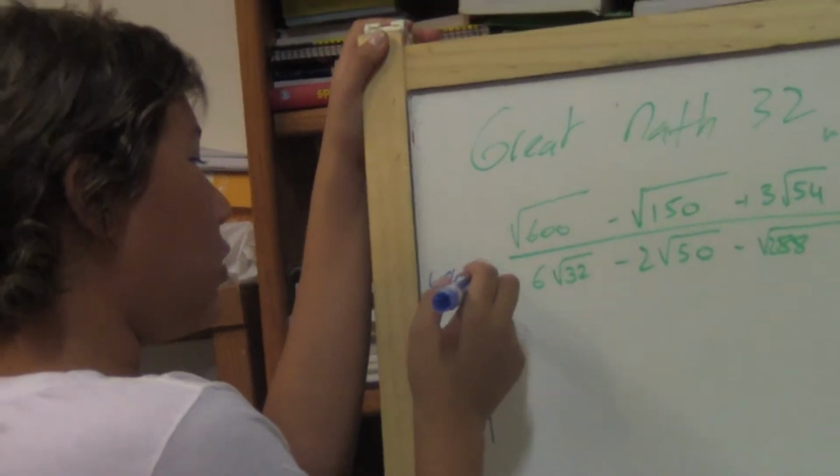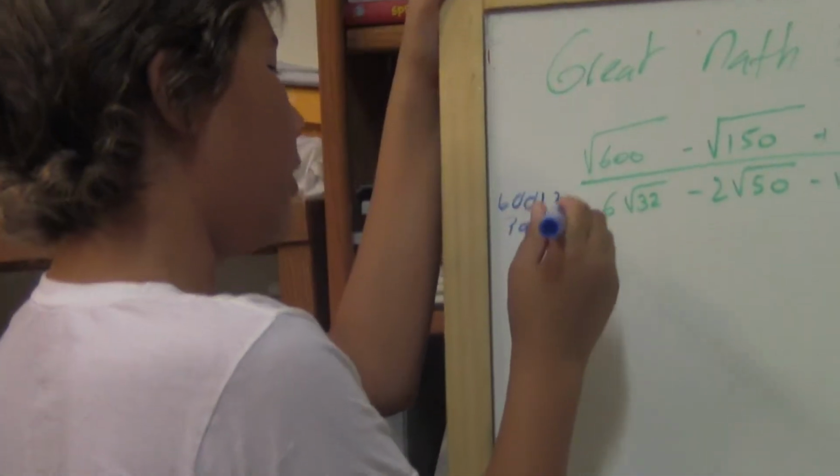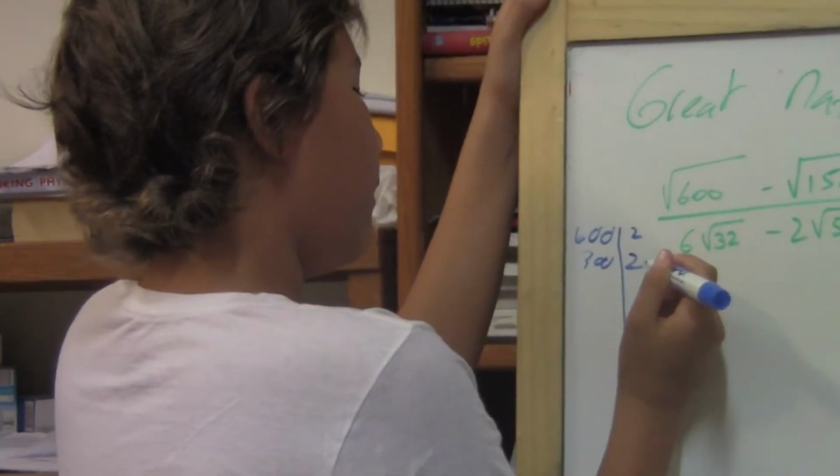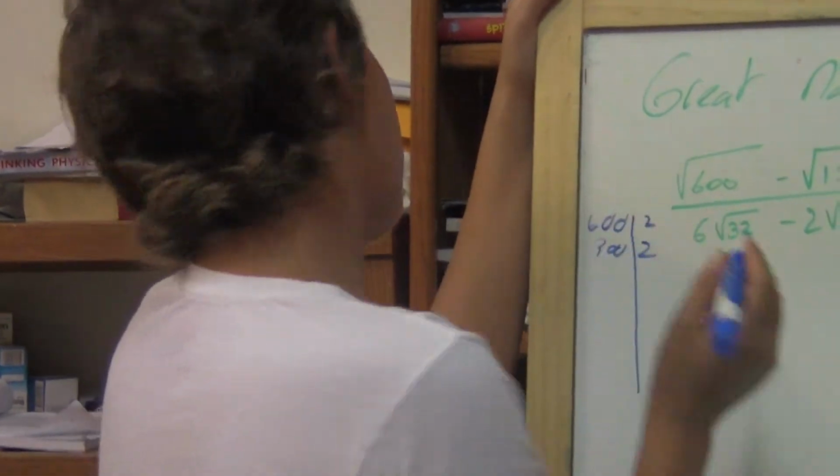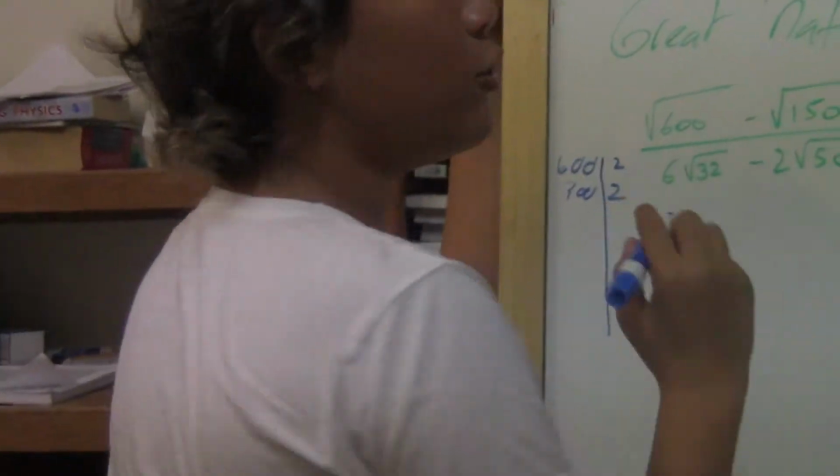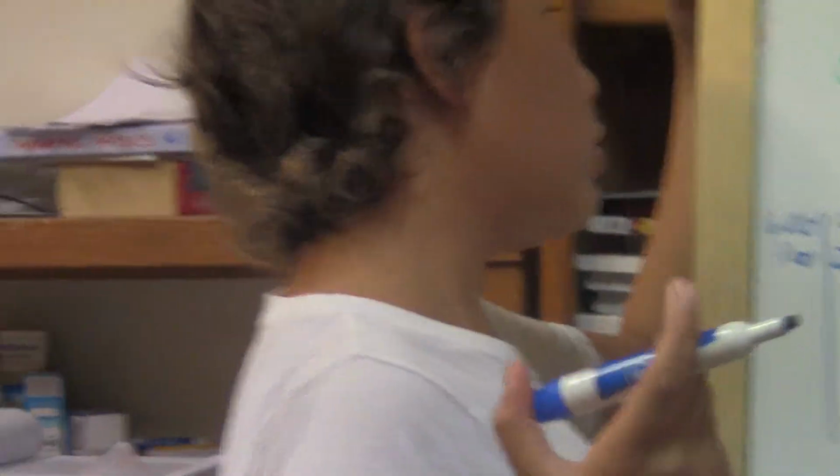So 600 divided by 2 is 300. I'm still going to do 2 because I'm only using prime numbers, and I can still divide by 2. So 300 divided by 2 is 150.